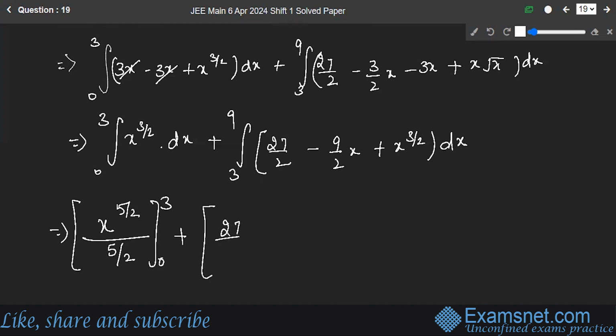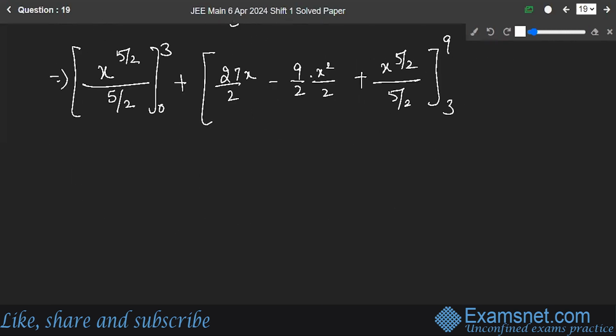So this is 27 by 2x minus 9 by 2 into x square upon 2 plus x raised to power 5 by 2 upon 5 by 2, 3 to 9.